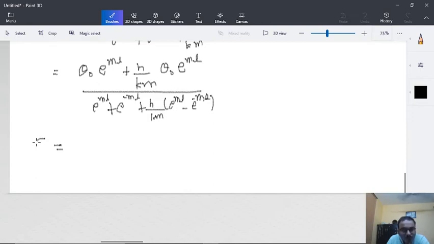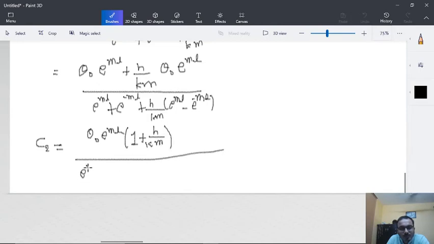The value of C2 is theta 0 common e raised to ml common into 1 plus h by km, divided by e raised to ml plus e raised to minus ml plus h by km into e raised to ml minus e raised to minus ml.